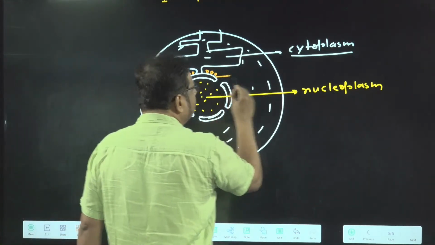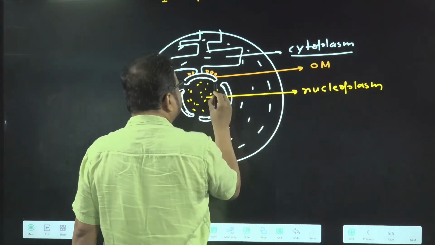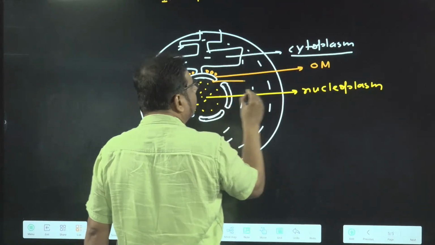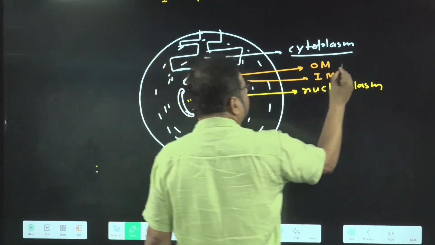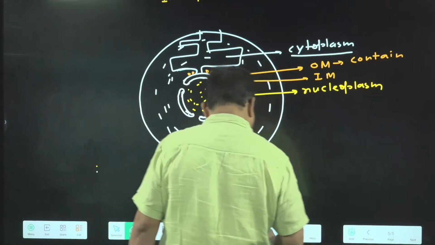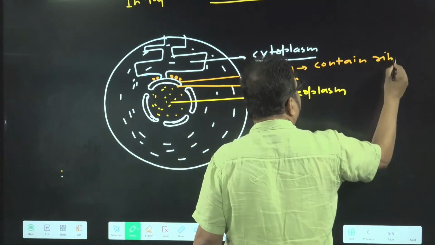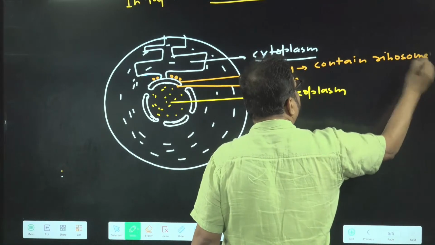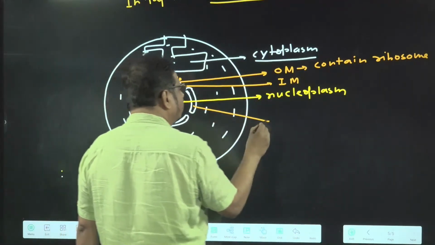This is the outer membrane, OM in short I am writing, and the inner membrane is IN. And you better know the outer membrane contains ribosomes. Are you getting the idea or not?